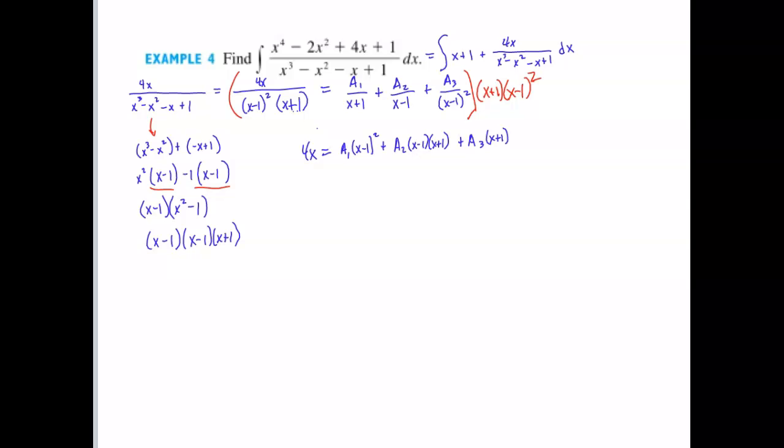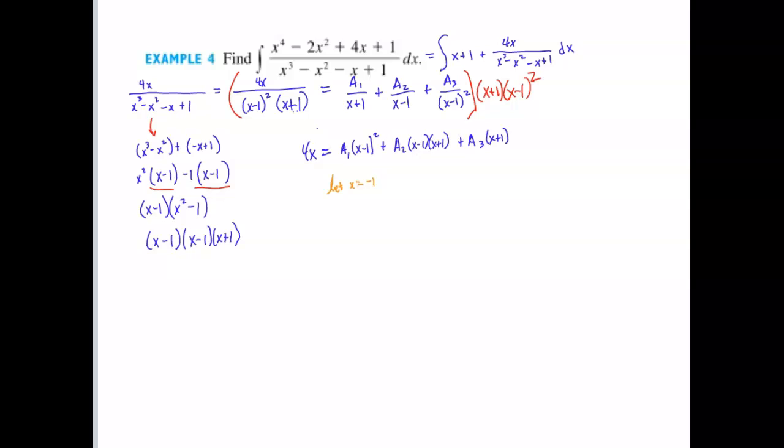All right, we can use our little trick to some effectiveness, but I don't think we can use it all the way here. So for example, if I want to solve for A1, what should I let x equal? -1. Good.